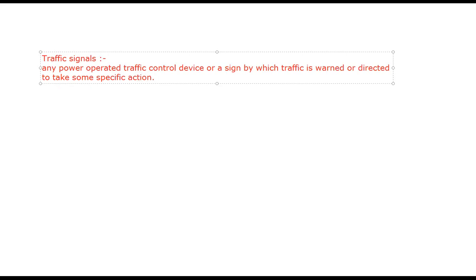So traffic signals are nothing but traffic control devices, by which we can warn the traffic, or give direction to the traffic for some specified action.